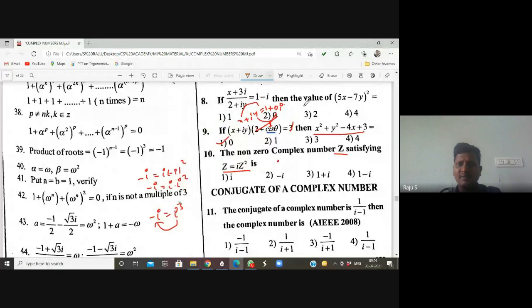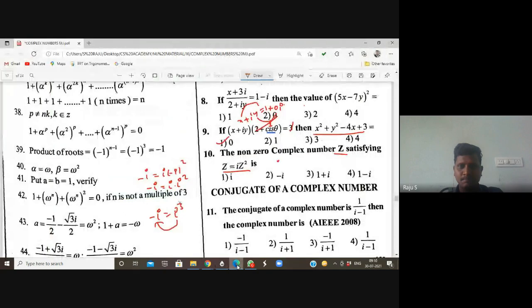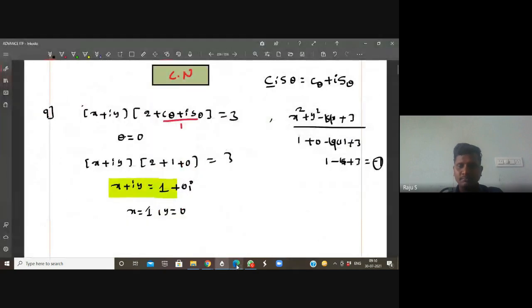Like that, simply option verification. Clear? Ninth one.